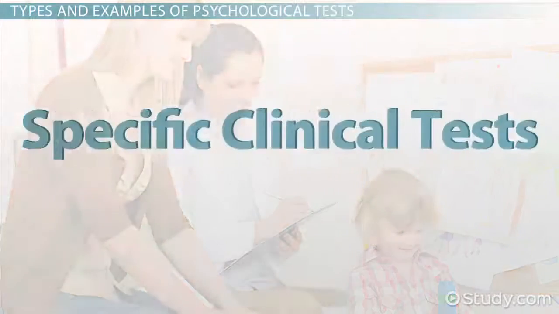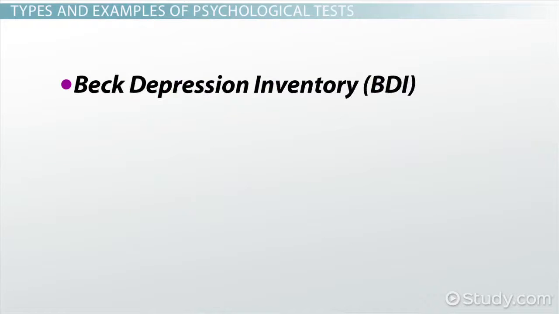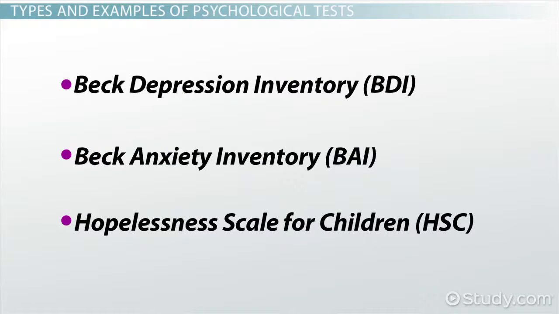There are also specific clinical tests that measure specific clinical constructs, such as anxiety or PTSD. Some examples of specific clinical tests include Beck Depression Inventory, BDI, Beck Anxiety Inventory, BAI, Hopelessness Scale for Children, HSC.